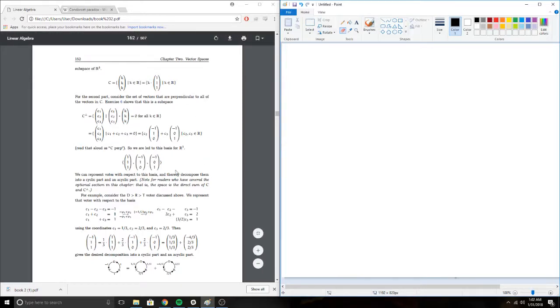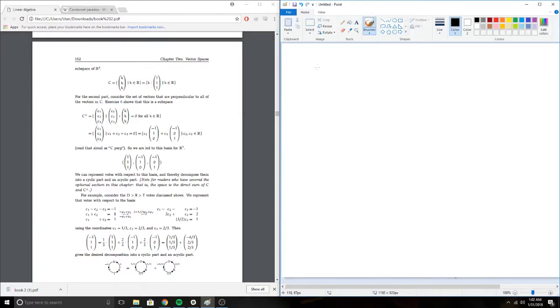So we first know that we're going to the D is greater than R greater than T voter. So that was the vector that was negative 1, 1, 1. And we know here that we have the relationships between C1 plus C2 plus C3. So for the first part of the vector, we're going to have, as shown here, C1 minus C2 minus C3.